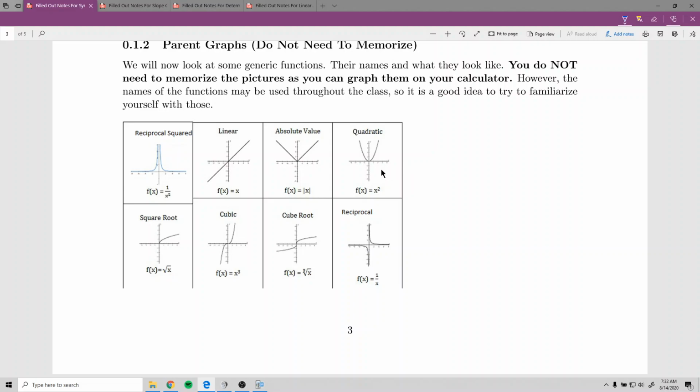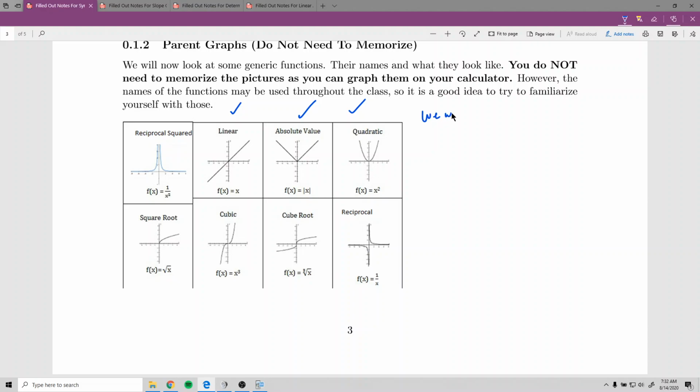They're really the two important ones. Well, I guess the three important ones that we deal with in this class are these three. The linear one, which is graphs of lines, the absolute value, which is the graph of a V-shape, and then the quadratic, which is the graph called a parabola.